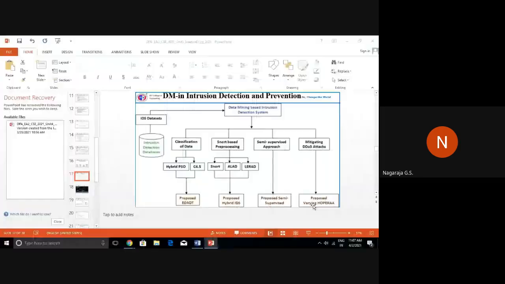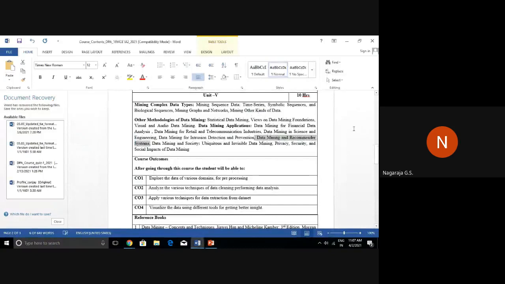So with this, I have completely addressed your topics with respect to Unit 5, which talks about data mining for financial data analysis, data mining for retail and telecommunication industry, these two topics were shared by your friends, and data mining in science and engineering, data mining for intrusion detection, data mining and recommender systems, data mining and society, that is ubiquitous and invisible data mining, privacy, security, and social impacts of data mining altogether.